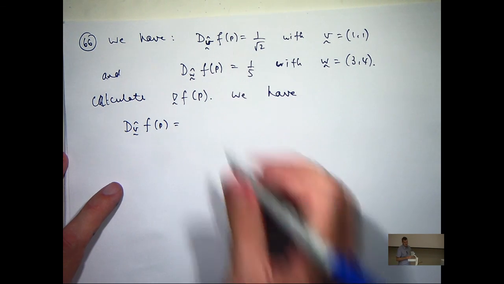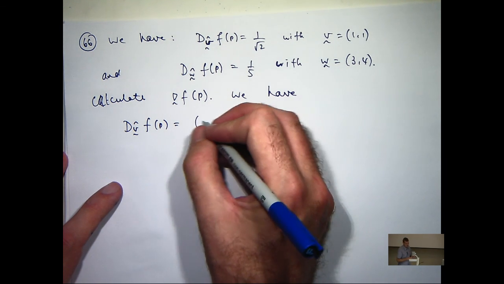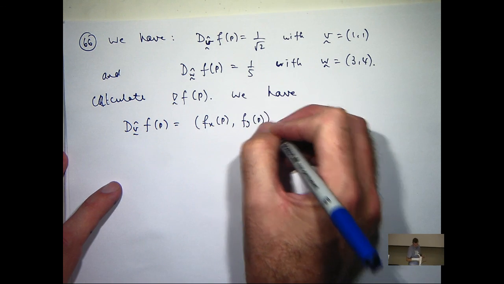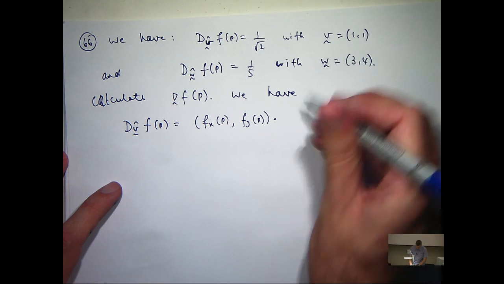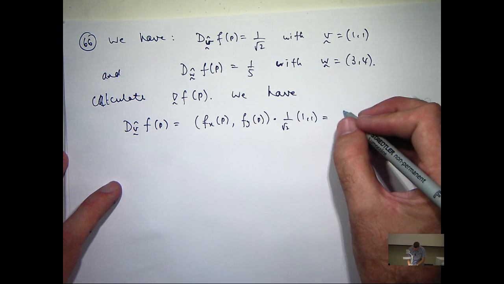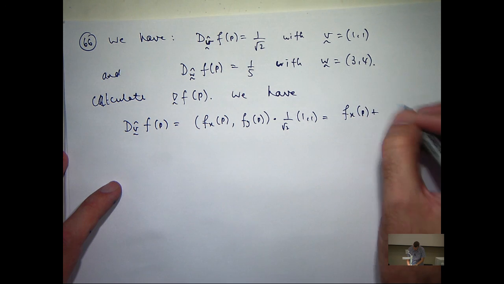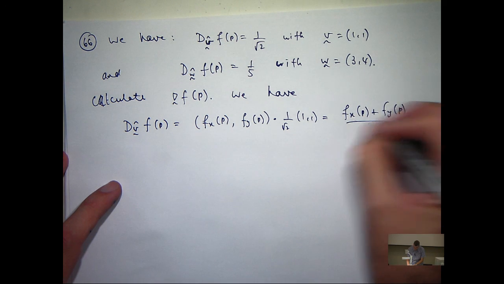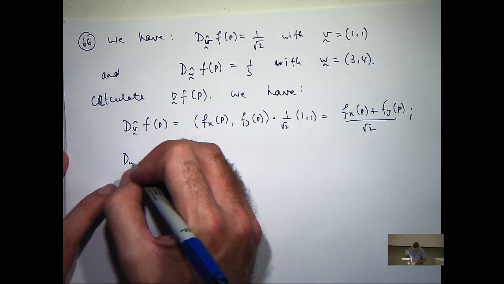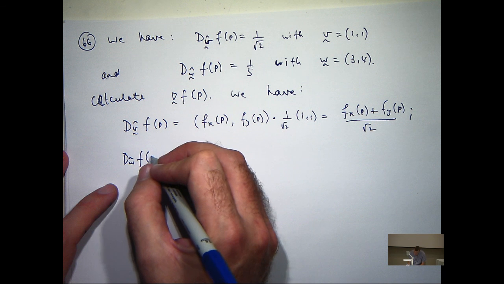It's just the dot product of the partials at P with a unit vector. So the unit vector associated with this is going to be this. And similarly, you do the same thing for the second case.